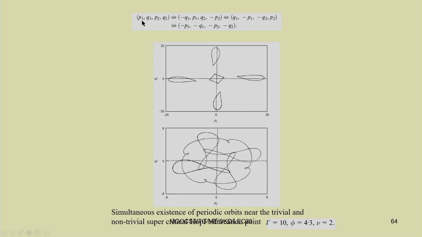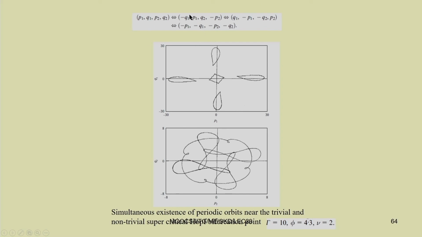From the PQ equation you can see that under this transformation the equations remain the same. That means P1 Q1 P2 Q2, if you replace them by minus Q1 P1 Q2 and minus P2, or by Q1 minus P1 minus Q2 P2, or by minus P1 minus Q1 minus P2 minus Q2, the equation remains unchanged.